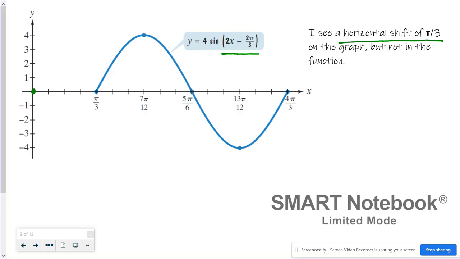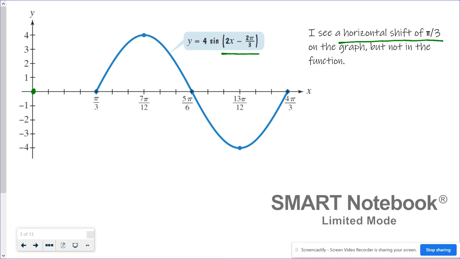In the function formula, I don't see pi over 3 at all. Inside the parentheses, I have 2x minus 2 pi over 3. So the horizontal shift is what I see when I look at the graph. When it's written like this, it's not as clear.